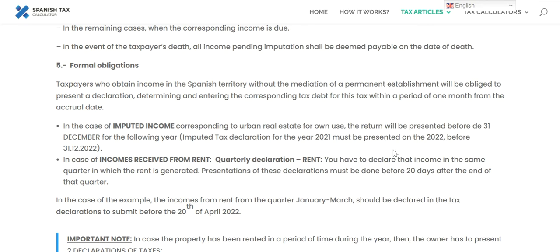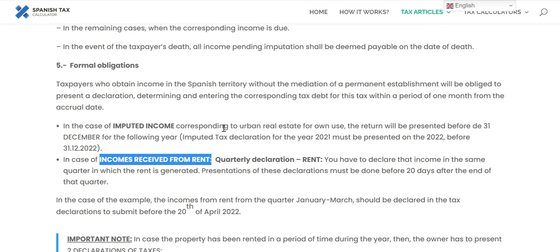Talking about the formal obligations that as a Spanish non-resident you have to formalize in Spain, we have to consider the difference between the imputed incomes and the incomes received from rent. In case of imputed income, you have the obligation to declare that income, generated in the way that we have specified before, which is 2% of the cadastral value multiplied by 19 in case of EU residents or 24 in case of non-EU residents.